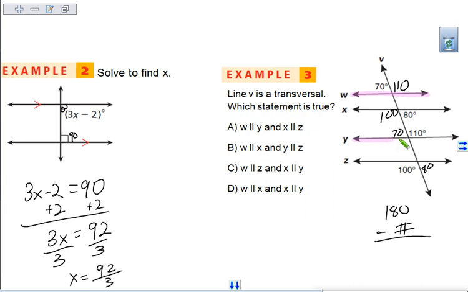Yeah, line Y. Do we have anything else that's 80 and 100? Yeah, line Z. So, which one says that lines W and Y are parallel, and lines X and Z are parallel? A.